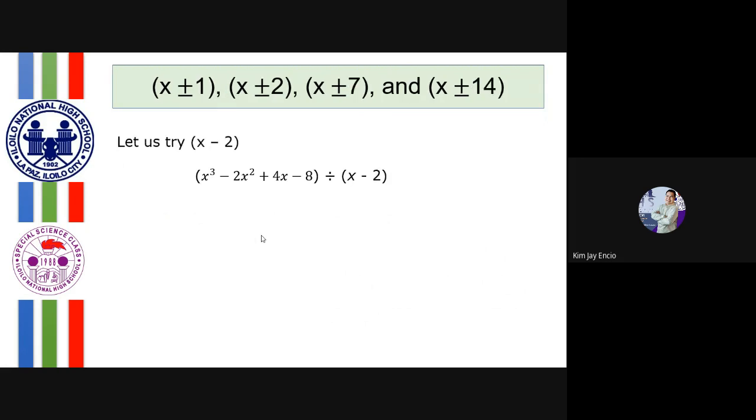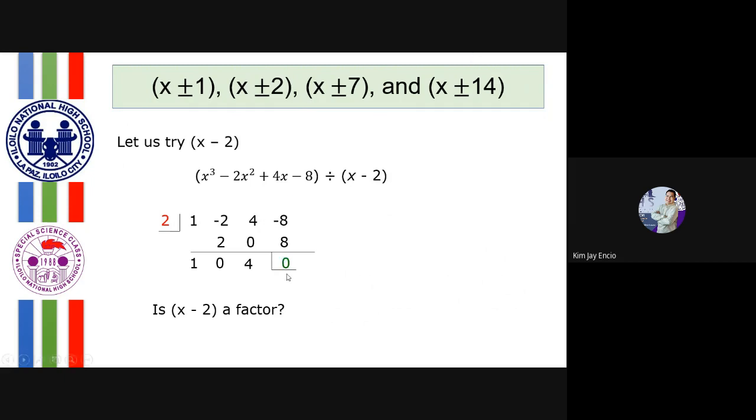Let's try x minus 2. Now, will 2 work as a root? Let's see. Bring down 1. Multiplying again, that's 2, then 0. Multiplying again, 2 times 0 will be 0. 4 plus 0 will be 4. 2 times 4 will be 8. And you could see that the sum now is 0. Hence, is x minus 2 a factor?